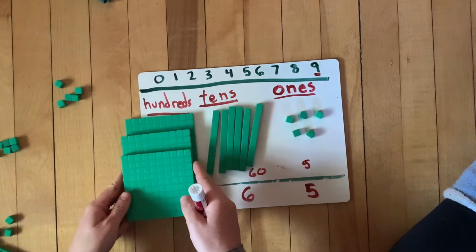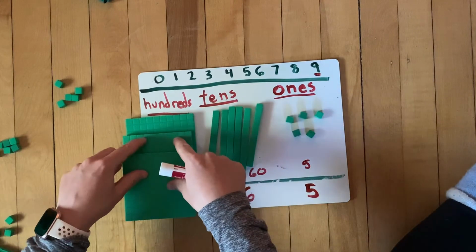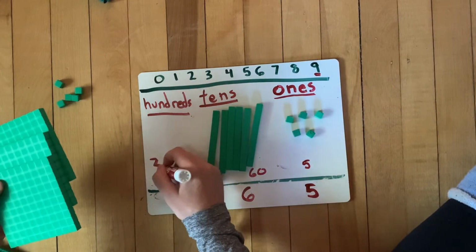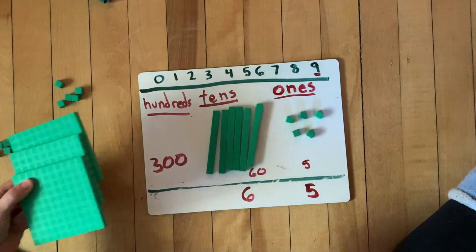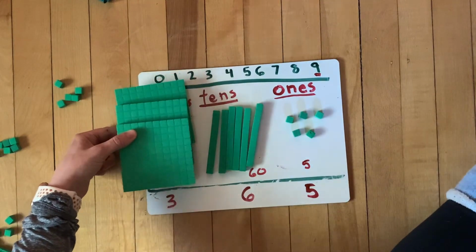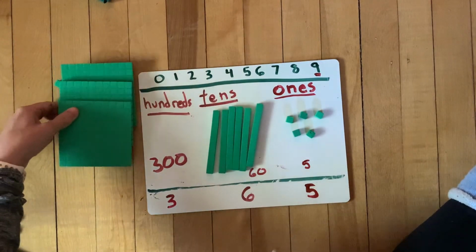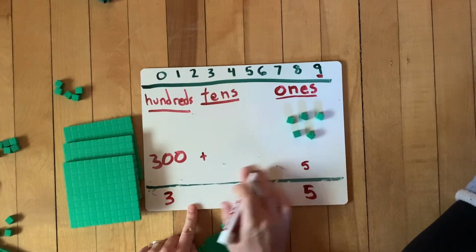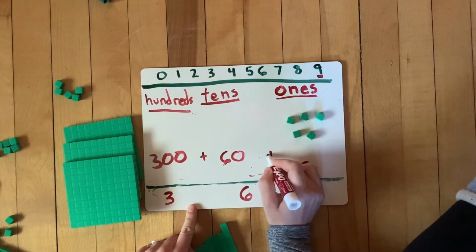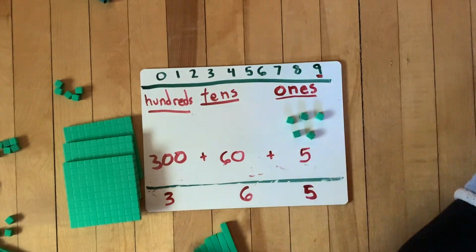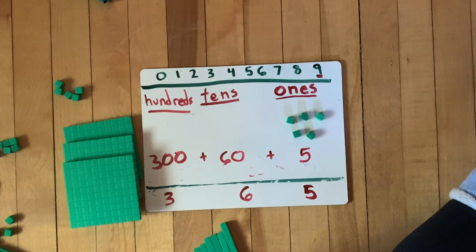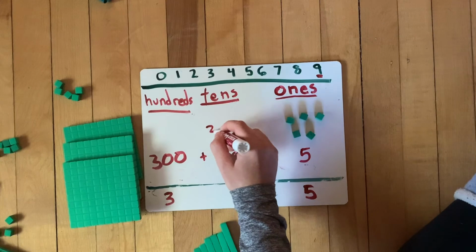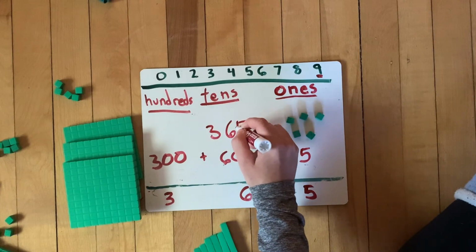Let's see how many hundreds we have. 100, 200, 300. That's 3 groups of 100. So 300 plus 60 plus 5. In digits, or in number form, you have 365.